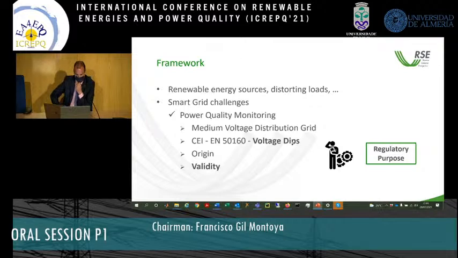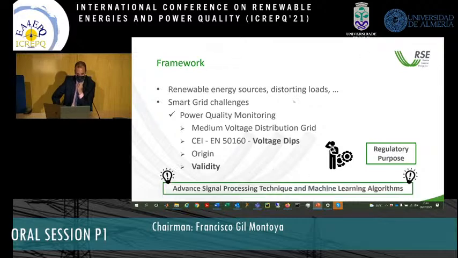And today I focus my attention on this point, the validity of voltage dips. And in this framework, in the last years, the use of advanced signal processing techniques and machine learning algorithms can be a possible way to solve this problem.